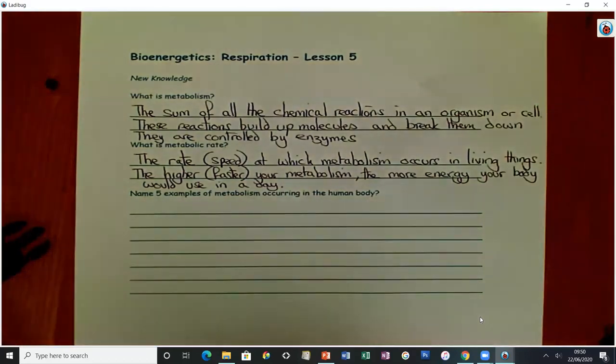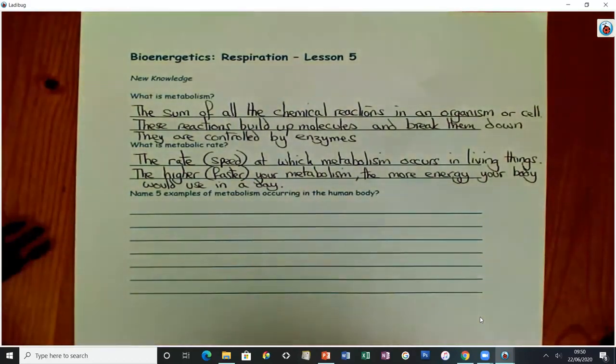Okay, so we know what metabolism is and we know what the metabolic rate is. So metabolism is all the chemical reactions that occur, and the rate is how quickly they occur.